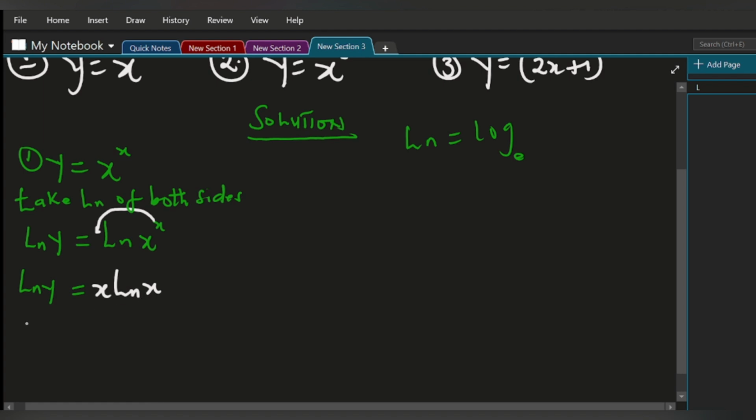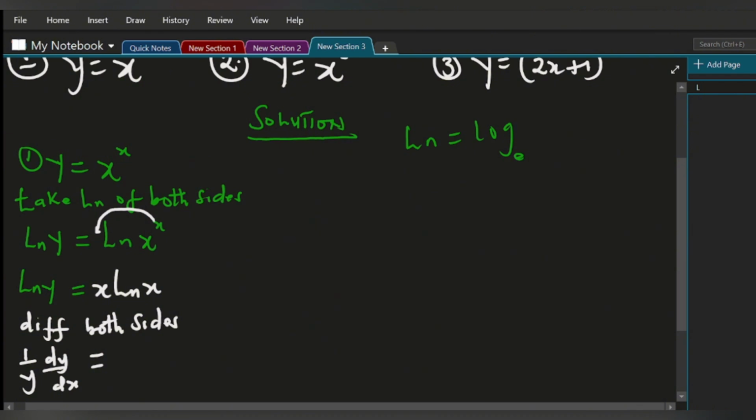Now the next step says differentiate both sides. Differentiating both sides of my equation, the left hand side is an implicit differentiation. Differentiating ln y, we have 1 over y dy dx, always add dy dx, equal to what you have on the right hand side, which is a product rule.